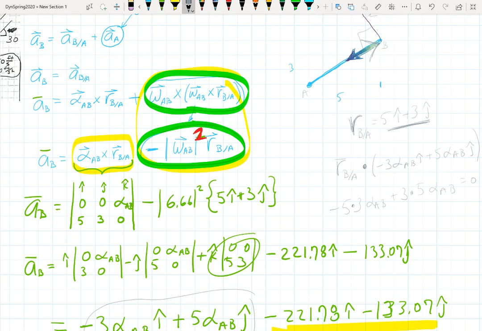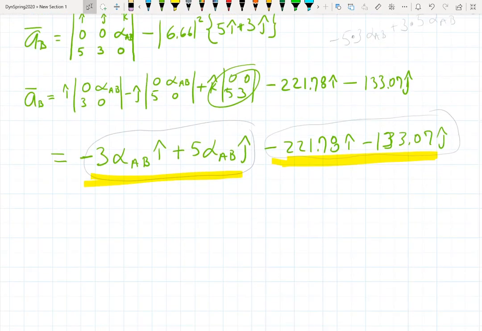The next thing is, how do you determine whether this vector is in exactly the same direction or the opposite direction? Here's what I mean.